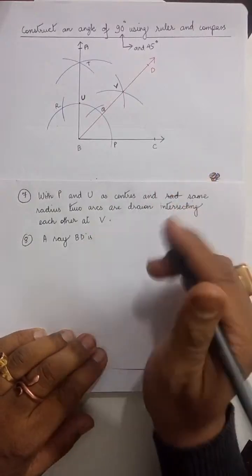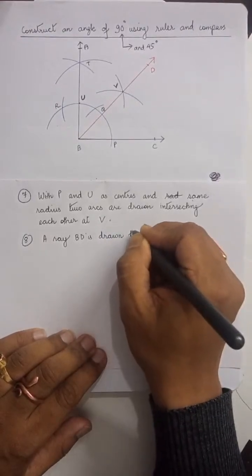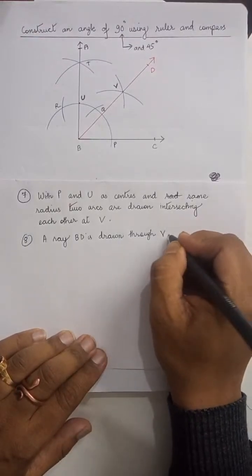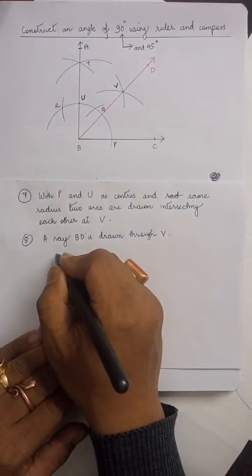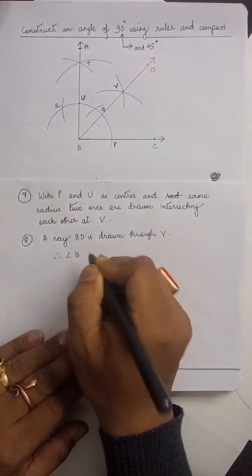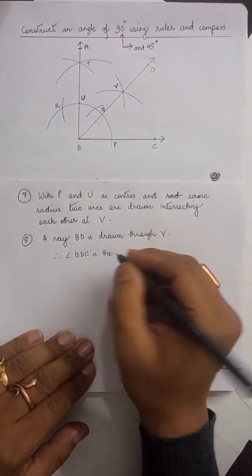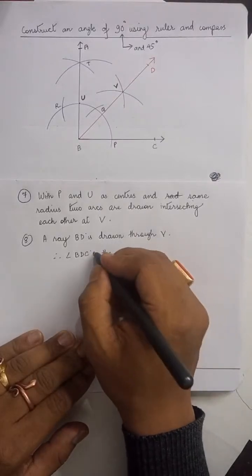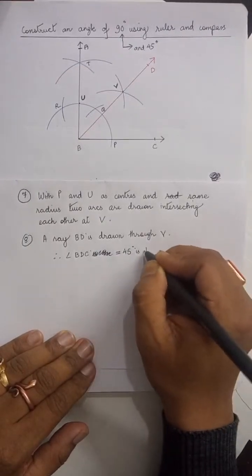A ray BD is drawn through V. So our angle DBC, or you may write CBD, this is the same. Therefore angle BDC equal to 45 degree is the required angle.